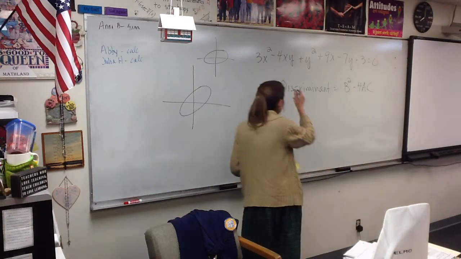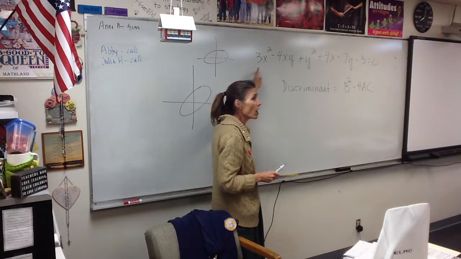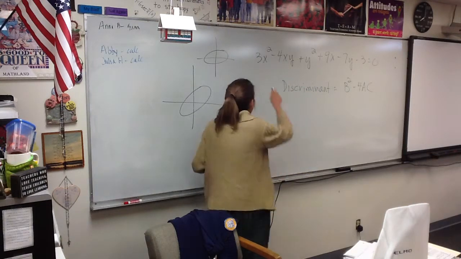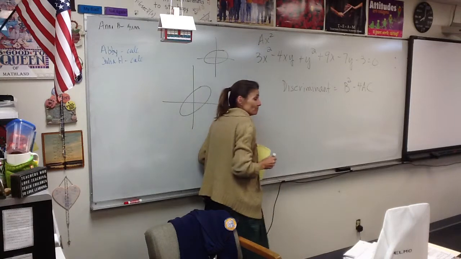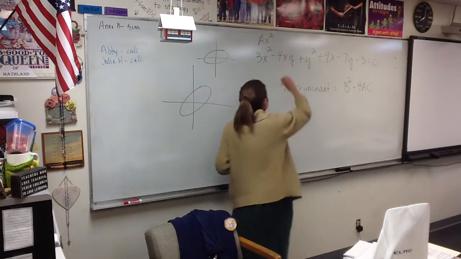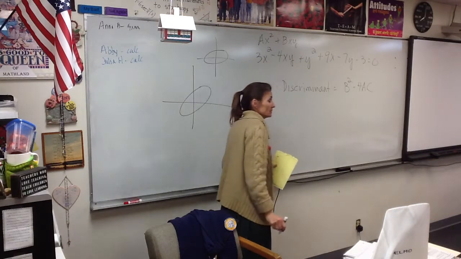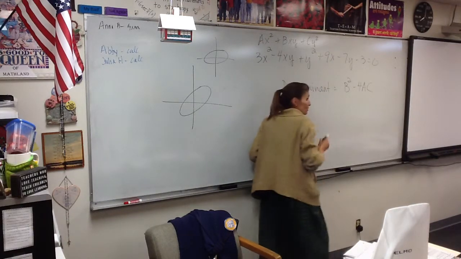Now, clearly this is not a plain little quadratic equation. So what are we talking about in terms of a, b, and c? A is the coefficient on x squared. B is the coefficient on xy. C is the coefficient on y squared.